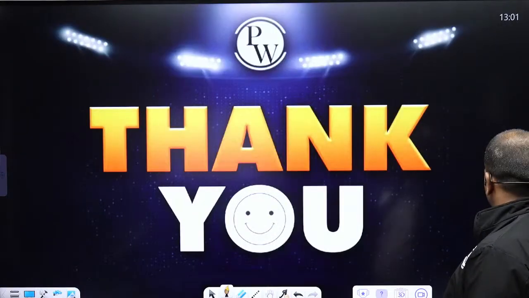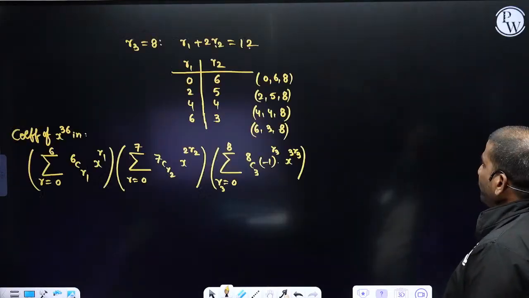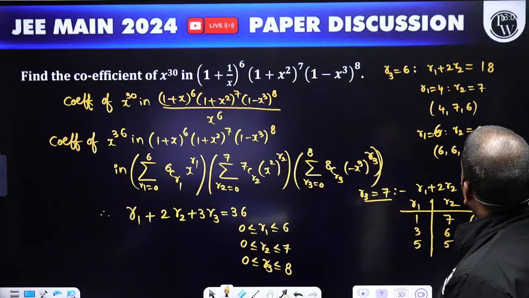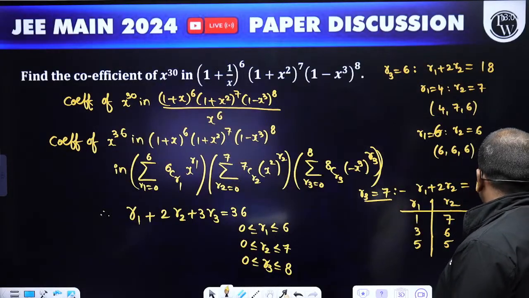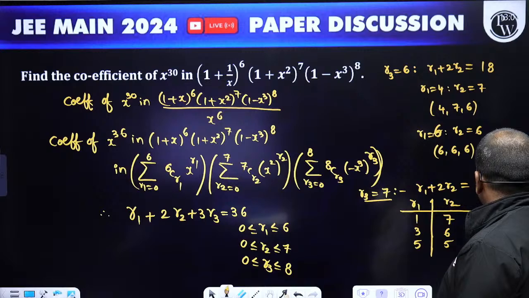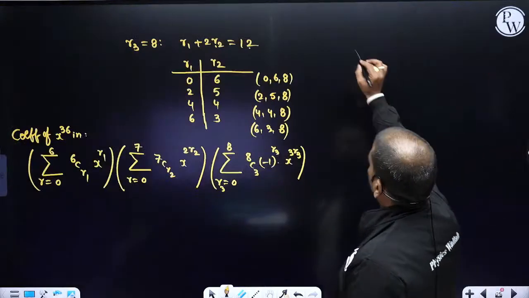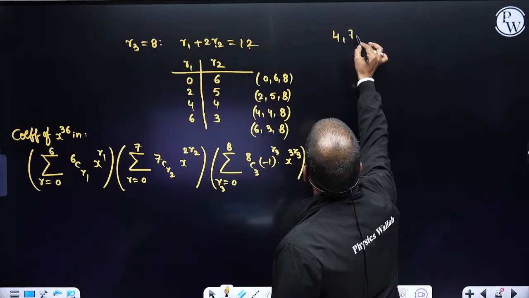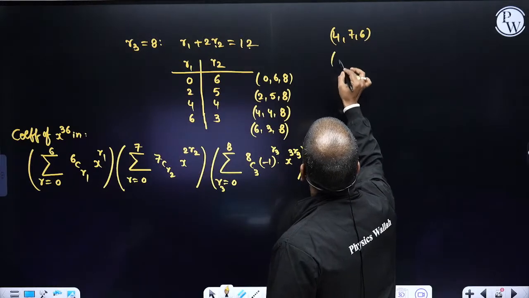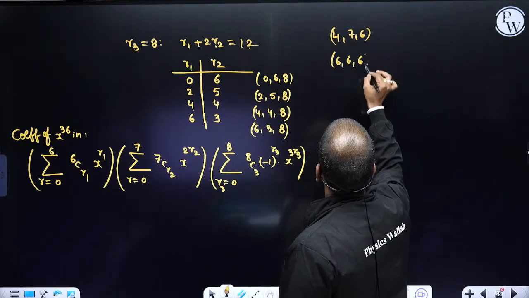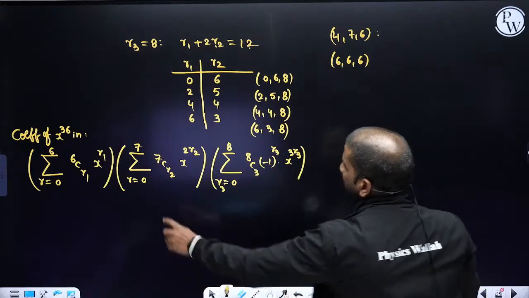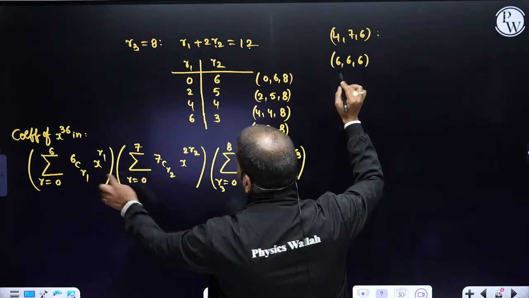What is the first case? First case is 4, 7, 6, 6, 6. 476 means R1 is 4. So 6c4.